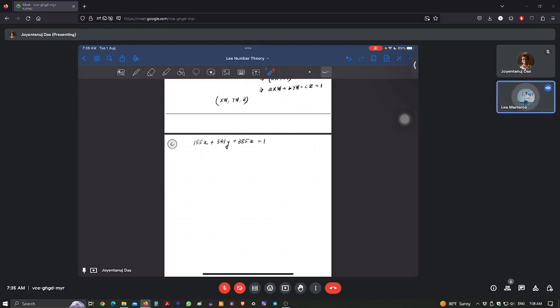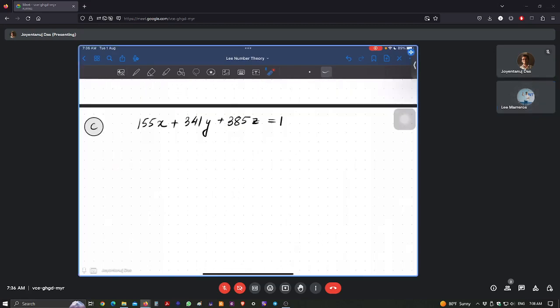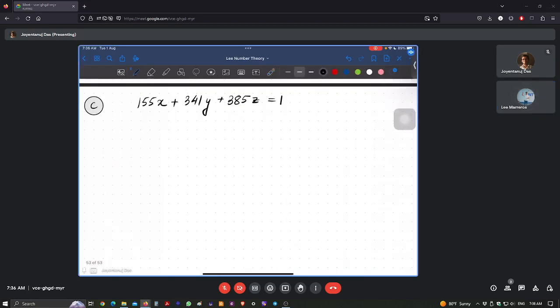Maybe we can start by grouping. Let's say that the GCD of 155x and 341y is G. So we can first find the GCD of 155 and 341. What will that be?